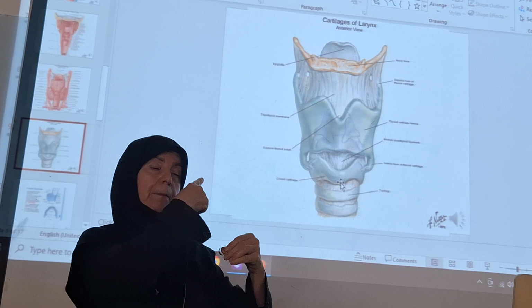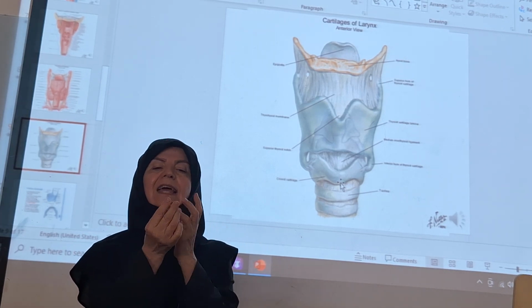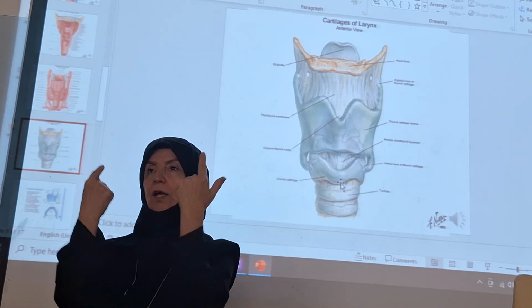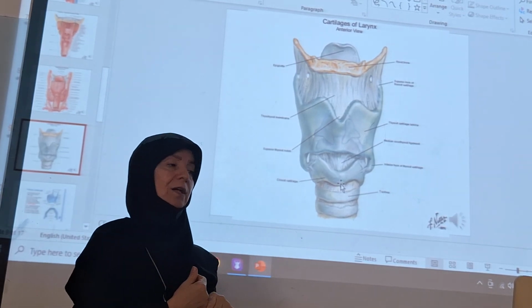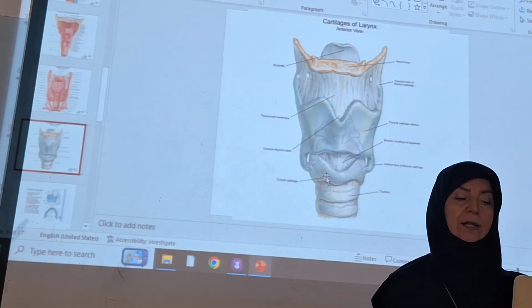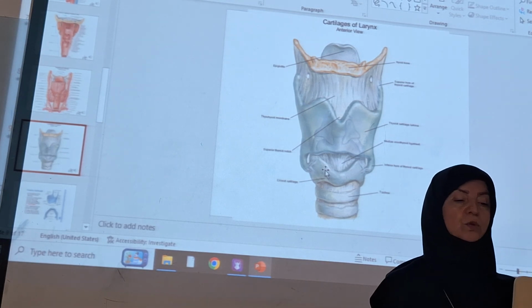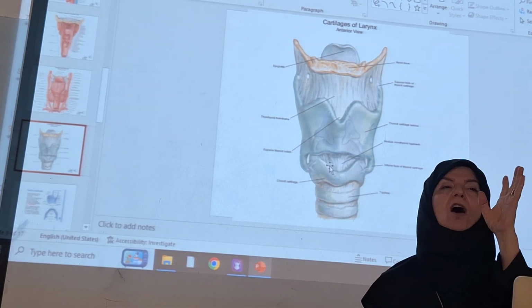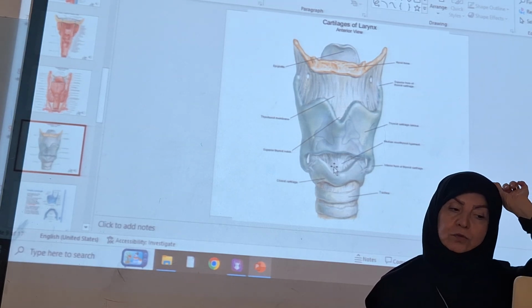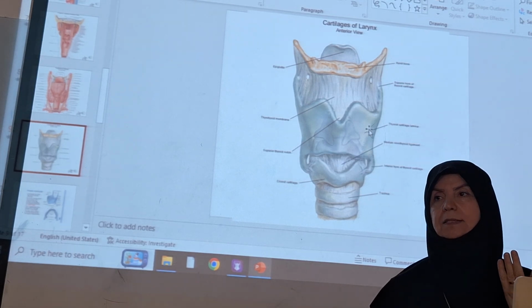About the cricoid, the arch is anterior and the lamina is posterior. So when you look at the larynx anteriorly, which part of the cricoid is visible here? Arch. If I want to show you the lamina of this ring, the lamina of this cartilage, I should go posteriorly or rotate the larynx.